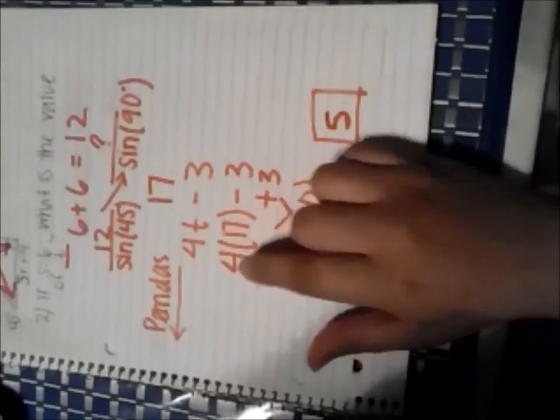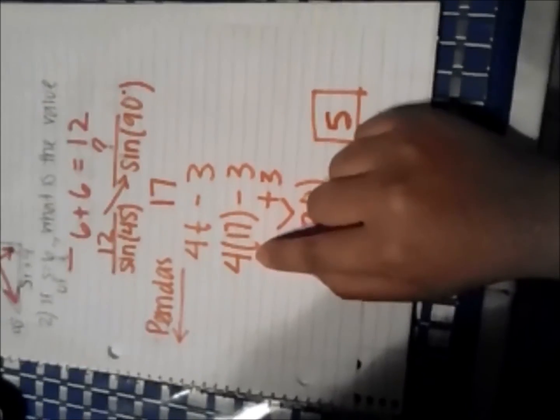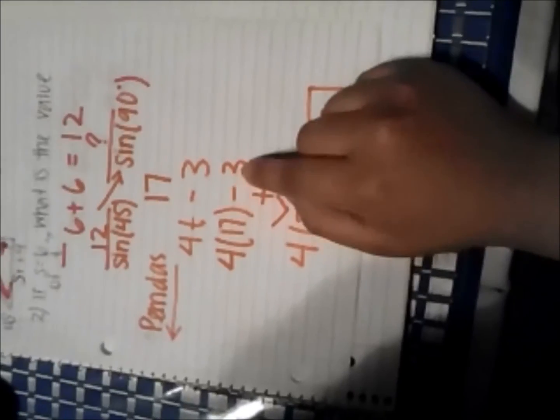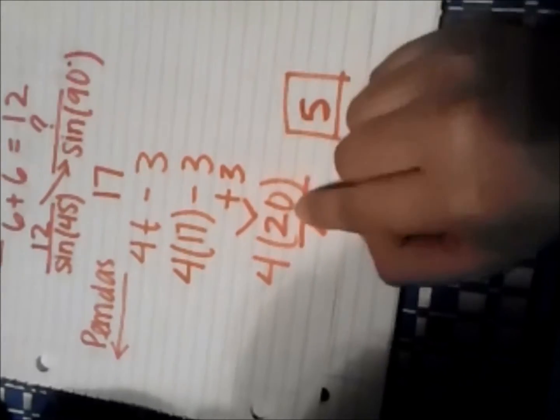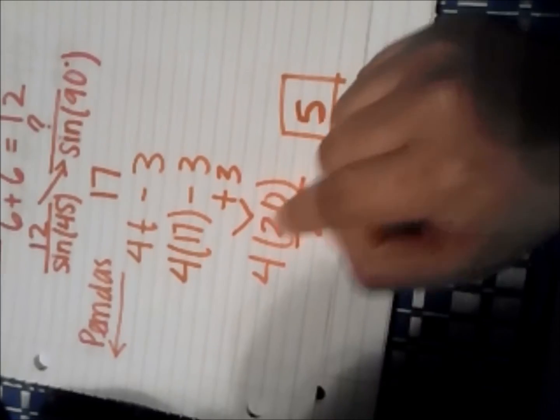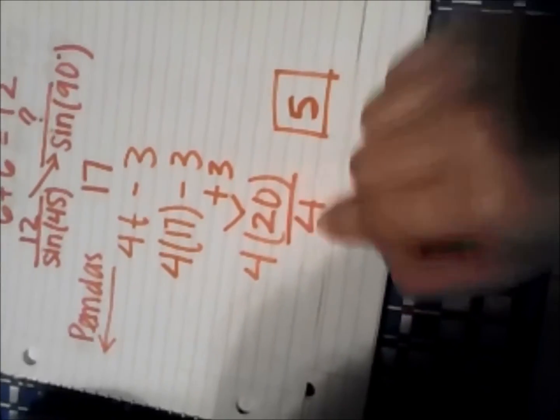So for this part, we plug in our 17 as we got: 4 times 17 minus 3. And since we're doing the opposite first and it's backwards, we add 3 and we get 24, as you see here. But instead of multiplying it times 4, now we're going to divide by 4, and our final answer is going to be 5.